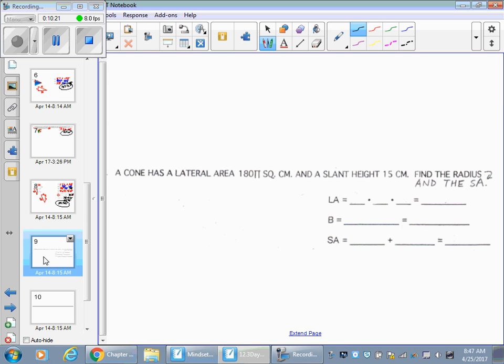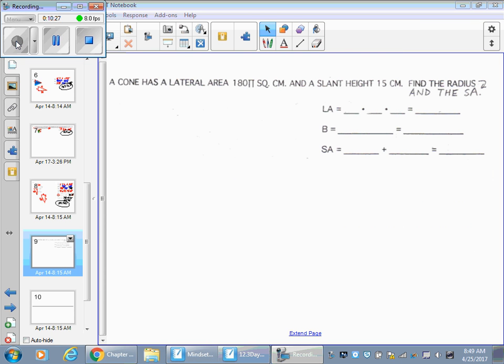Last one. Okay, so we are given a couple of things here. We are given that a cone has a lateral area of 180 pi and a slant height of 15 centimeters.